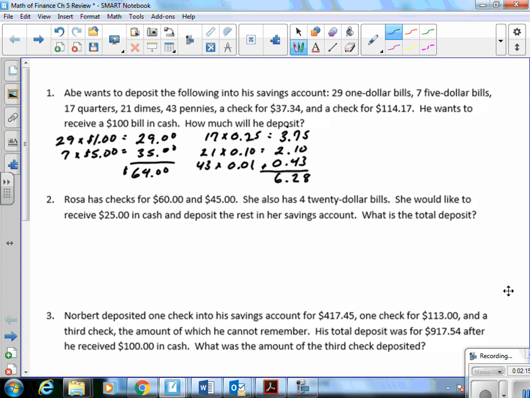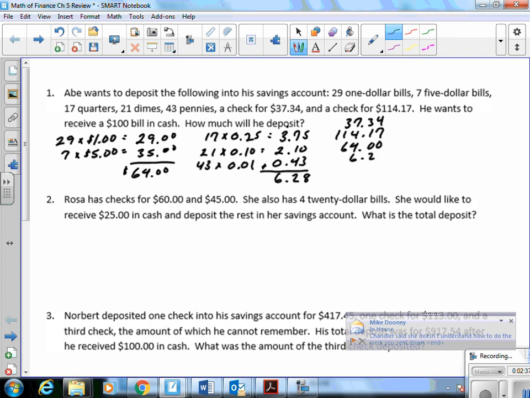And add those and the checks together. So we got checks of 37.34, 114.17, and then all of our bills, 64, and our change, 6.78.